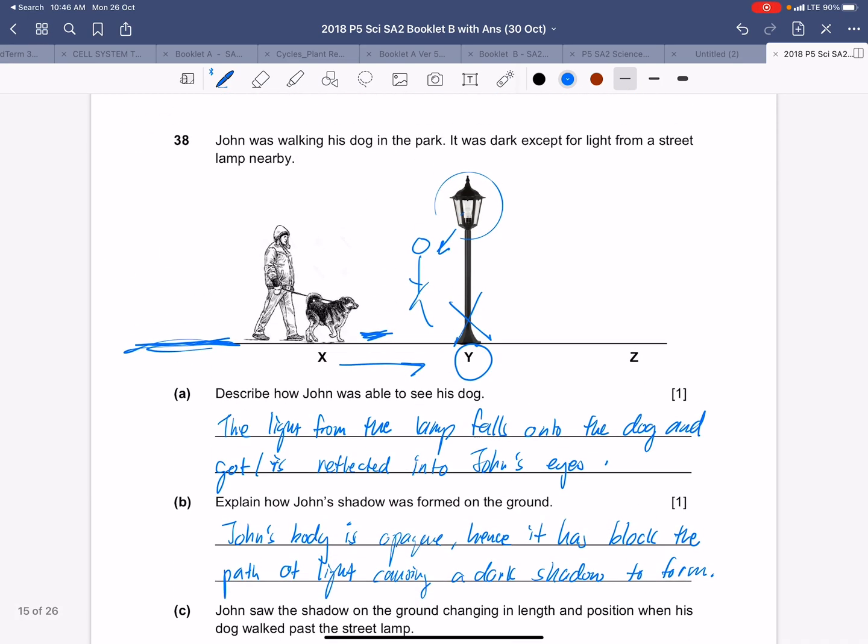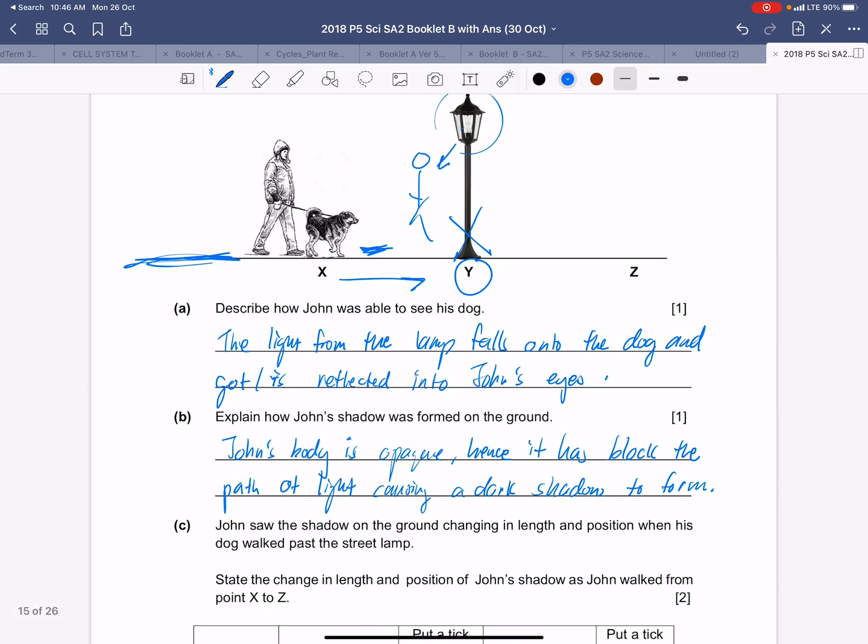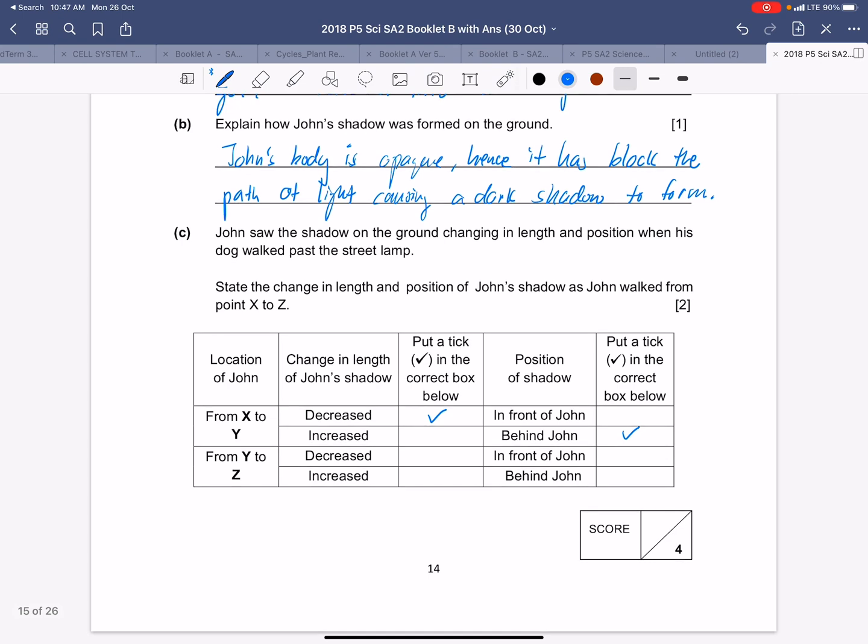From Y to Z, as he walks from this position, remember it's the shortest here. Alright, and this actually becomes longer. Okay, it actually increases in length.